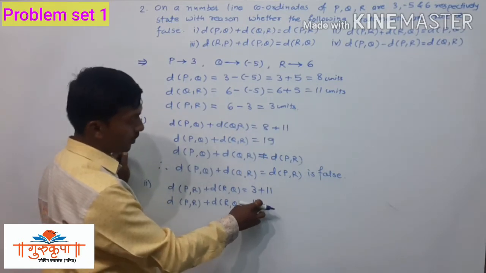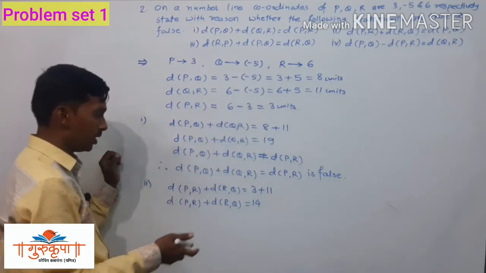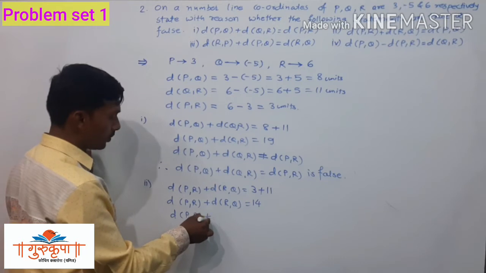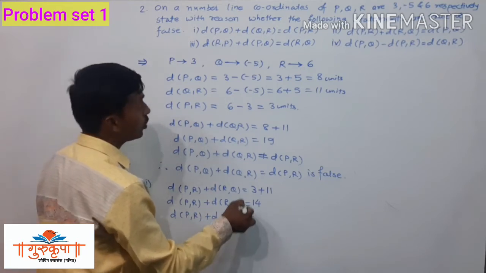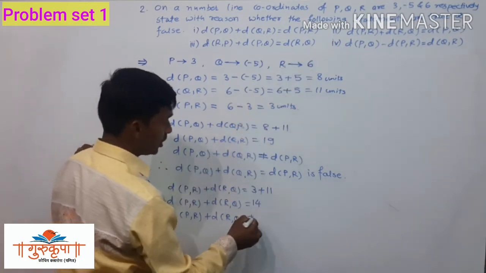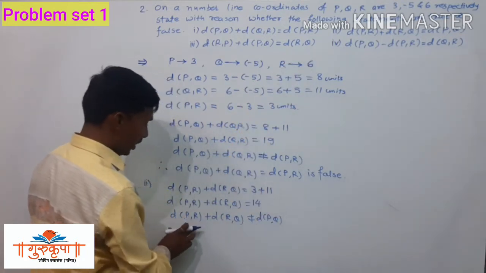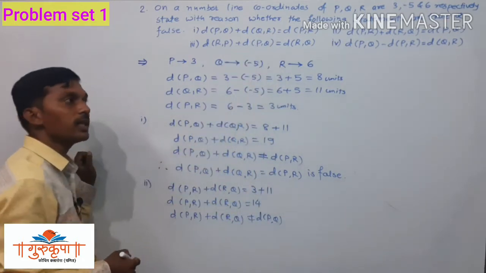Is it 14? PQ is 14? Here PQ is 8 units. That is not 14. So we can write here distance PR plus distance RQ is not equal to distance PQ, since the given statement is false again.